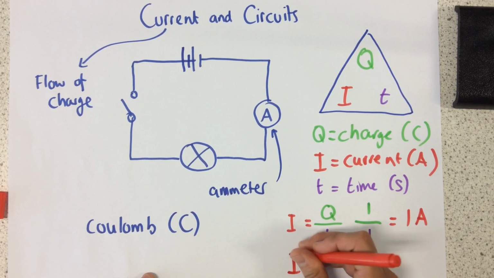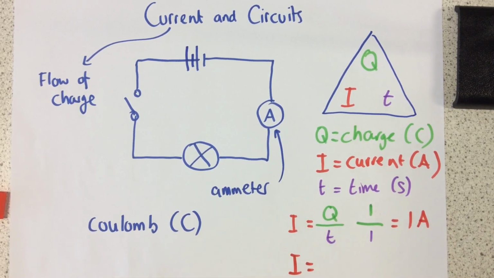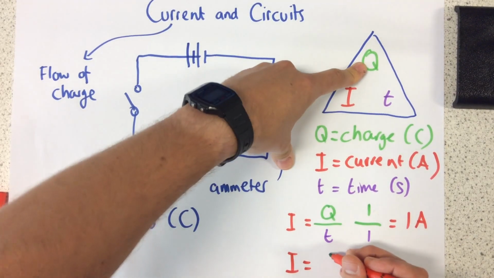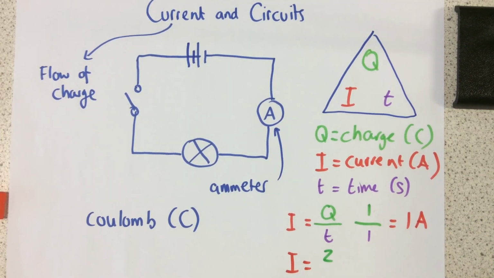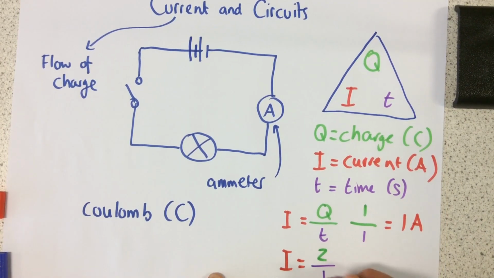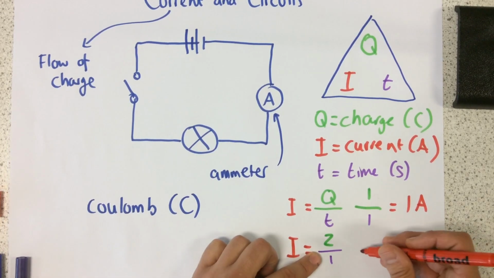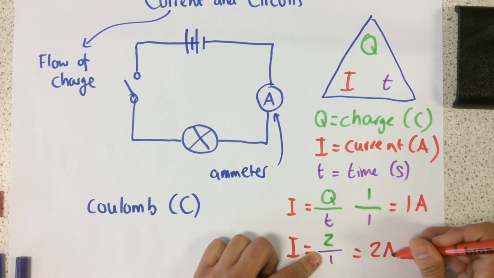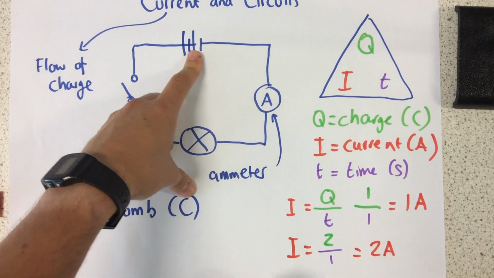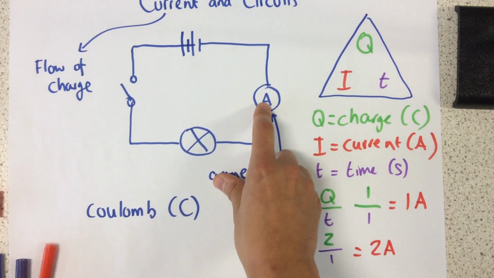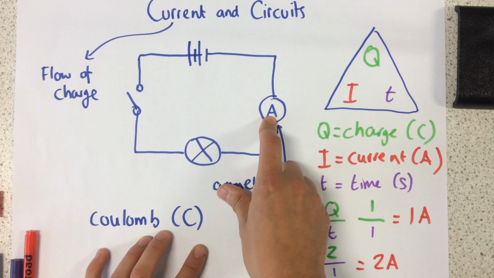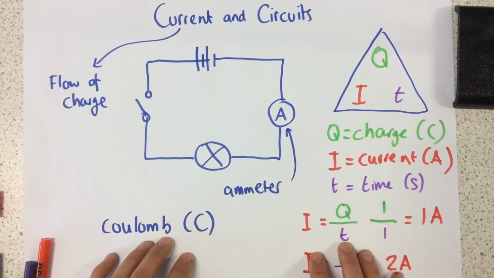So this time, my current is going to equal 2 coulombs passing through in 1 second. So 2 divided by 1 is 2 amps. So can we see the more coulombs that flow through a point per second means a bigger current.